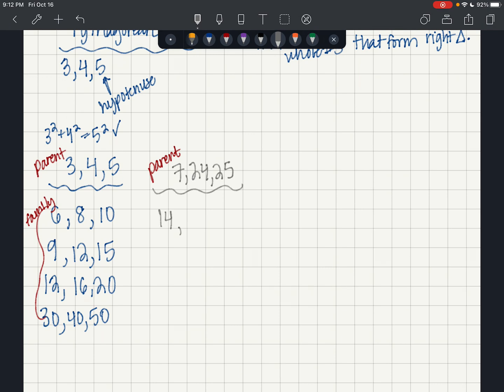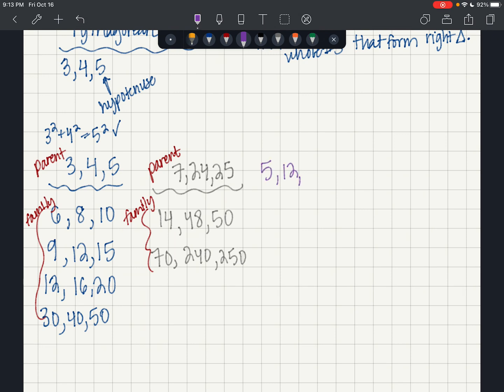And from that, you can make 14, 48, and 50. You can multiply by 3. You can multiply by 10: 70, 240, 250. So there's lots of other families that you can make from the parent of 7, 24, 25. And 7, 24, 25 will also form a right triangle.